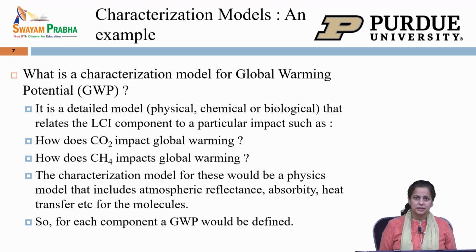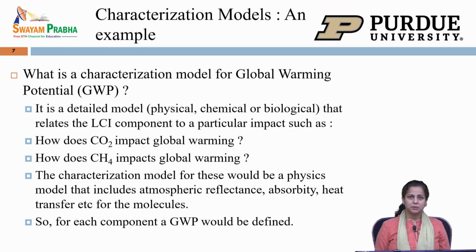This model is a detailed physical-chemical model that relates the LCI component to a particular impact. So in this case, the question is how does CO2 impact global warming, or how does methane impact global warming? The characterization model in this case would be a physics model that includes atmospheric reflectance, because global warming is based on how these gases are actually absorbing the infrared and the heat, and that is contributing to the overall warming of the atmosphere.